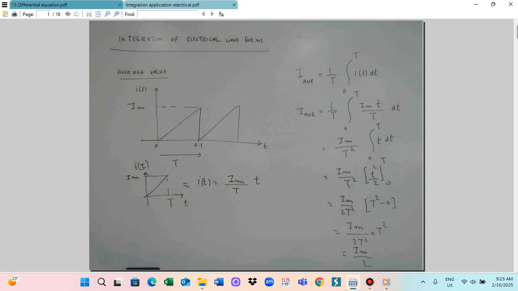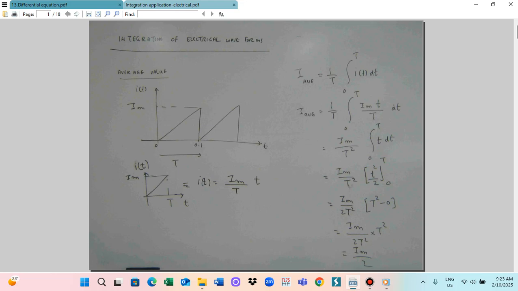This sawtooth wave equation is i(t) is equal to Im by T multiplied with t. So this is the equation for the sawtooth waveform. This is the Im, the maximum value here, and this becomes the T. The horizontal axis is the time t.